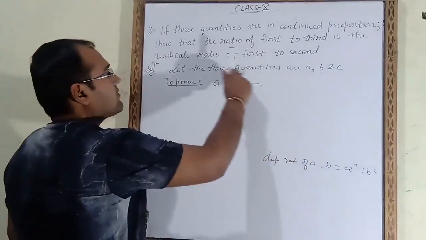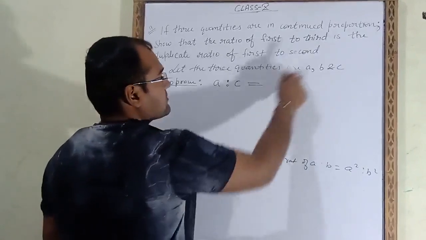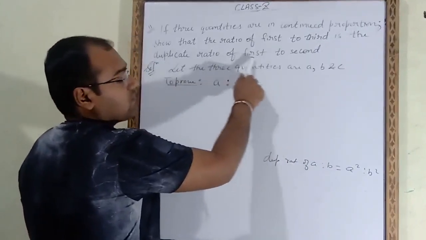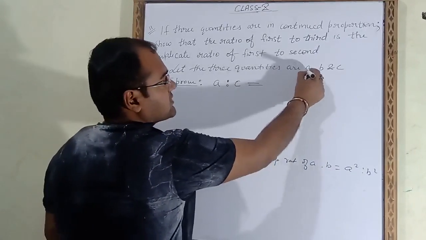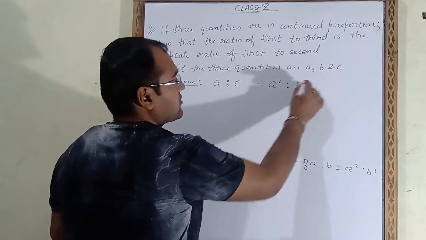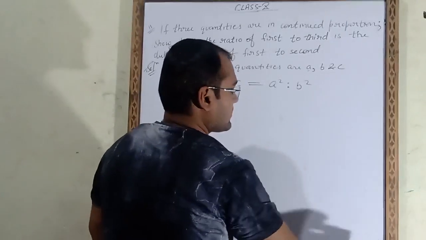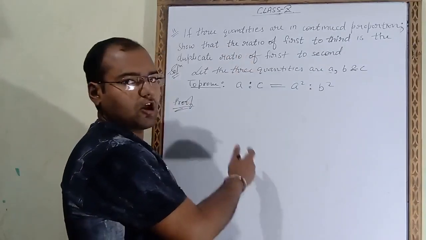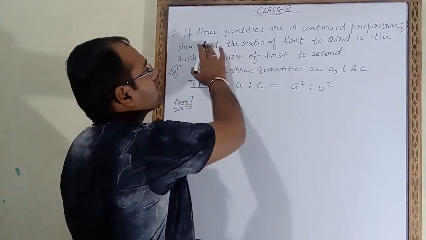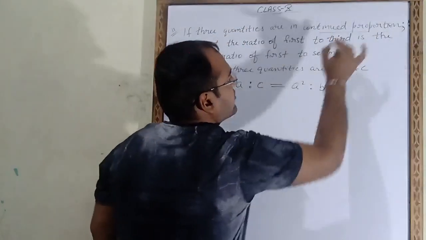So what is said? We have to prove that the ratio of first to third, that means A ratio C, is equal to the duplicate ratio of first to second. Duplicate ratio of first is A square, ratio second is B square. So this thing we have to prove. Now we will solve it. Here it is said all these three quantities are in continued proportion.